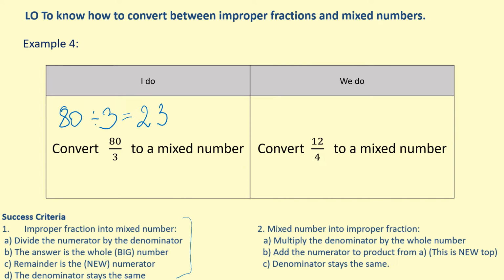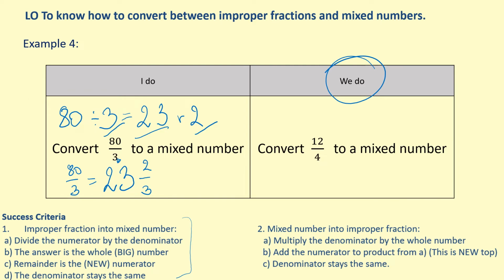So the remainder is 2, which means that 80 over 3 equals, this is my whole number, this is my numerator, this is my denominator. Means the denominator stays the same. So it's 23 2/3. Now pause this video and attempt to read the question.